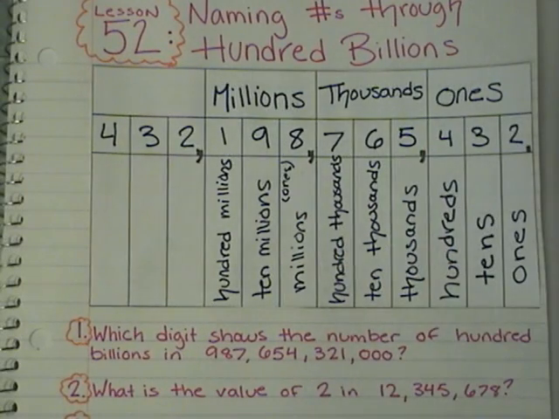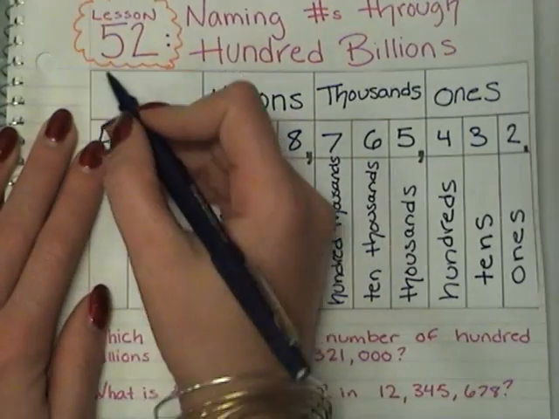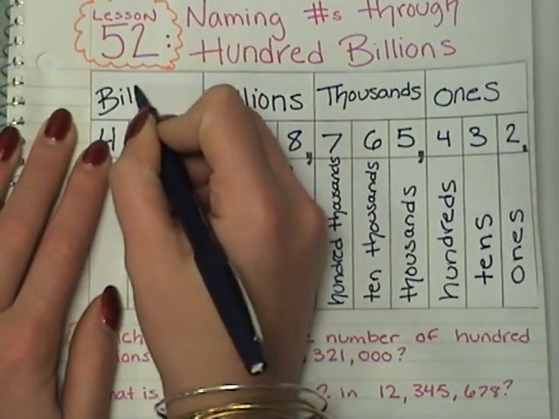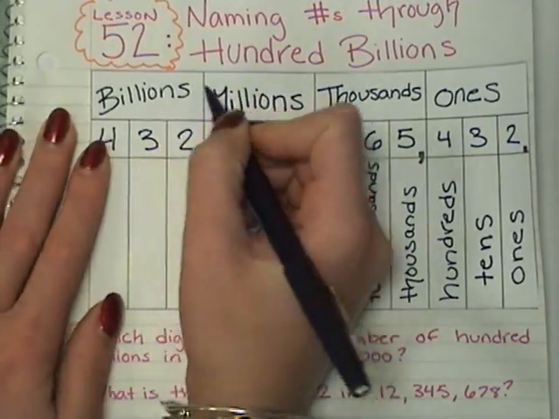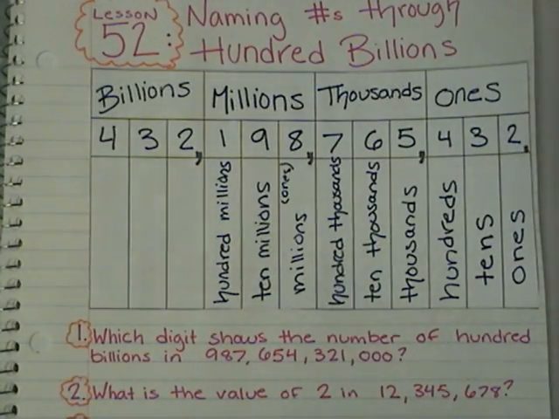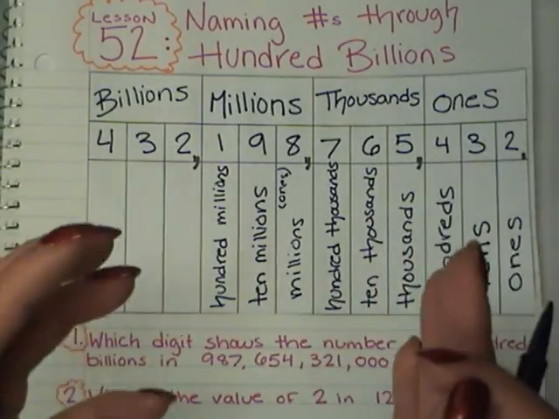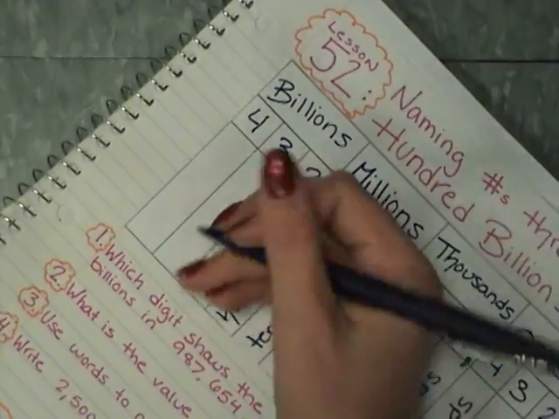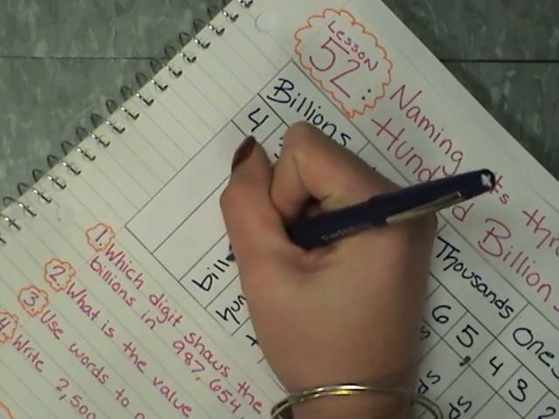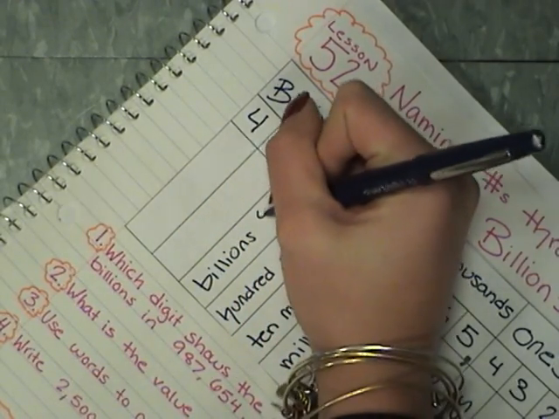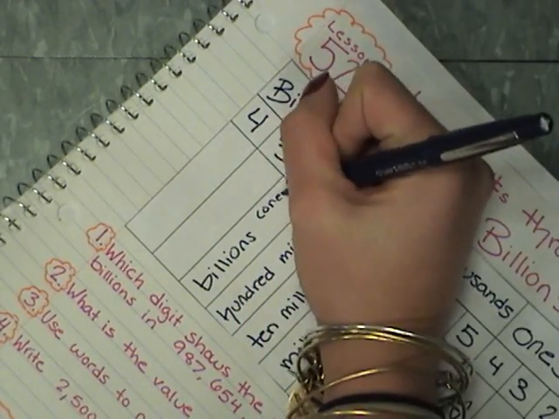So we have our ones, we have our thousands, and our millions. And what is the next chunk of numbers? Our billions. All right, so again, just going to follow like we did before. We have our first billion, so this is our billion column with our ones. So you can write billions, in parentheses 1, our ones.